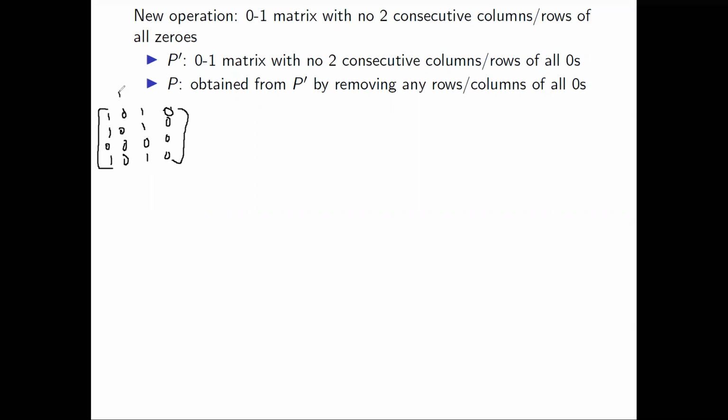If that's our P prime, then we get P by removing any columns or rows of all zeros. So the P that we get is just those remaining entries we have that we did not remove.